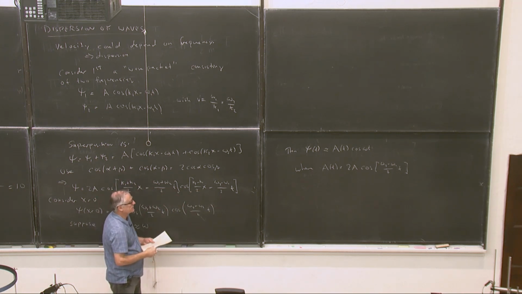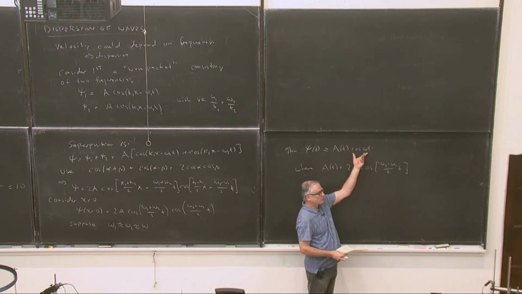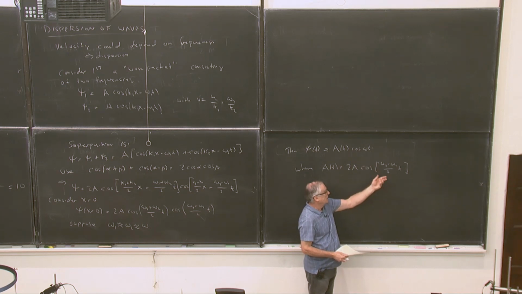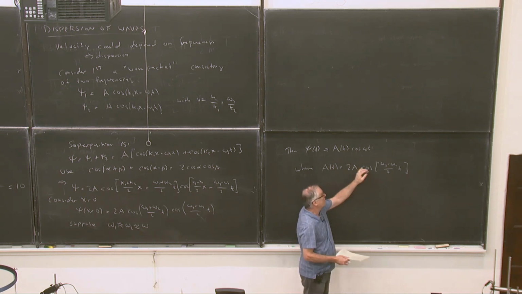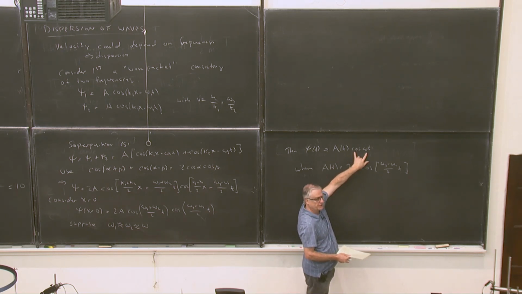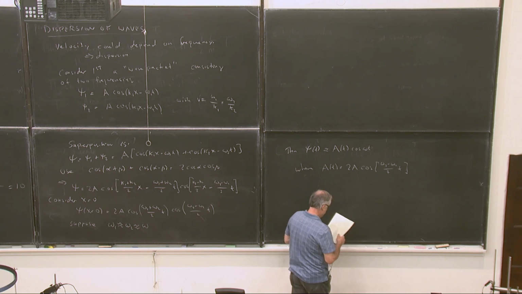So the idea is that I've got some overall high frequency cosine omega t here, and then I've got something that's going at a frequency of the difference between the two, which is small. So I'm modulating this cosine omega t with something that has frequency (omega 2 minus omega 1)/2.